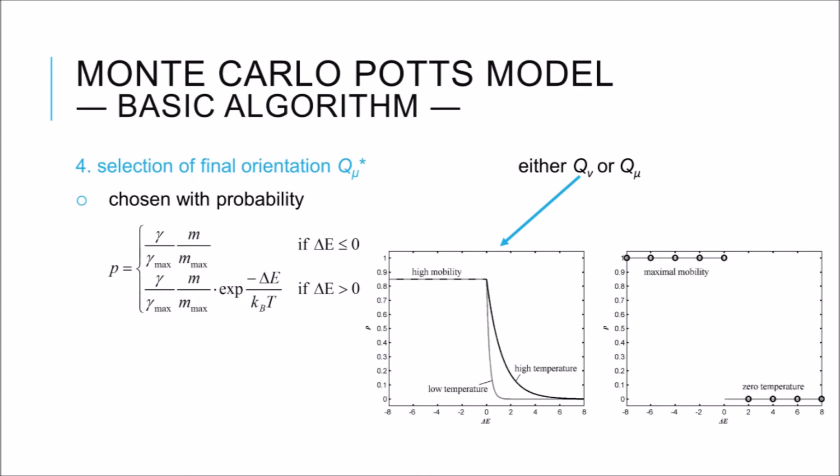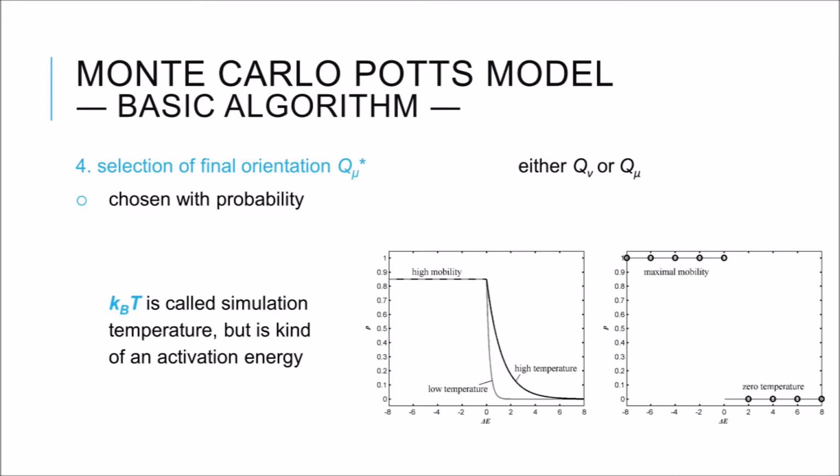And so, yes, we want to do this, so let's do it, and we take the new orientation. However, even if we increase the energy of the system, where delta E is larger than 0, we still may accept it with a lower probability that depends now not only on mobility and energy of the boundaries, but also on the difference in energy.